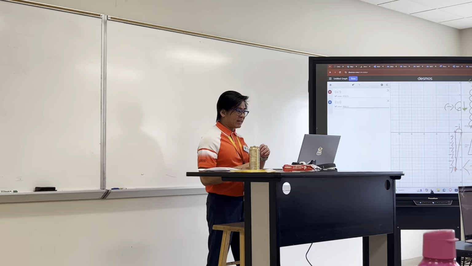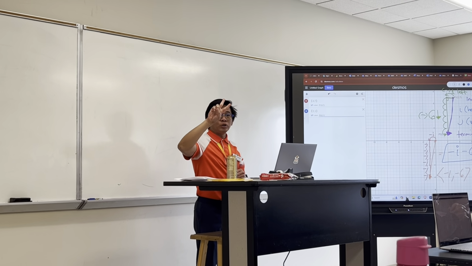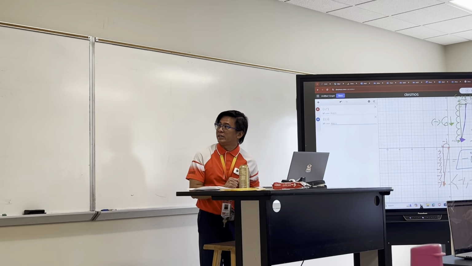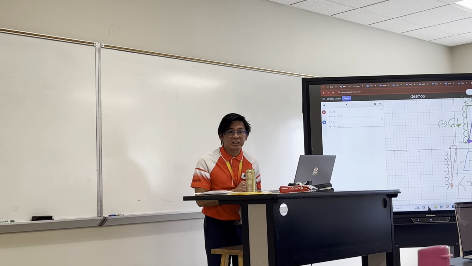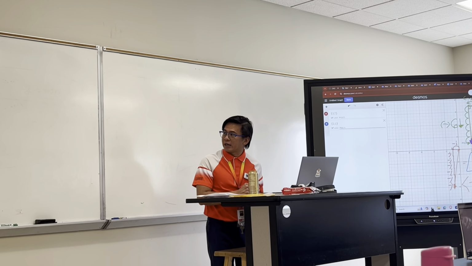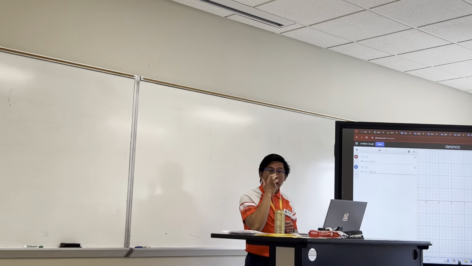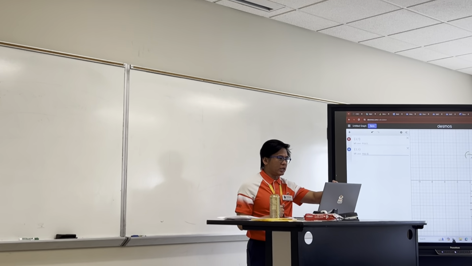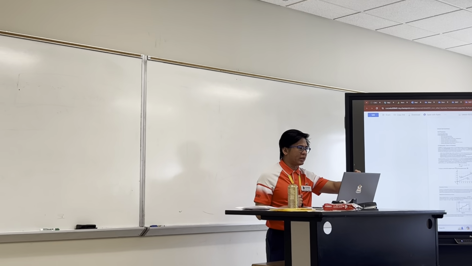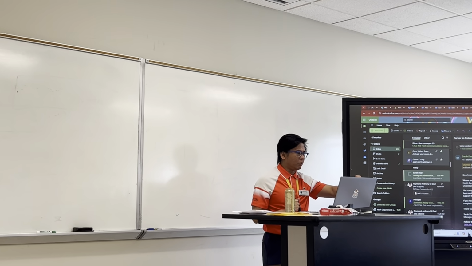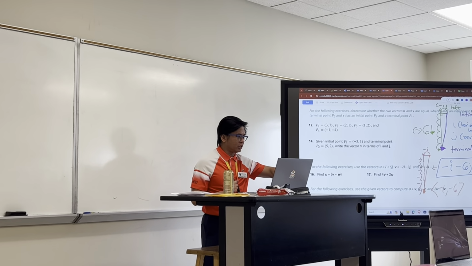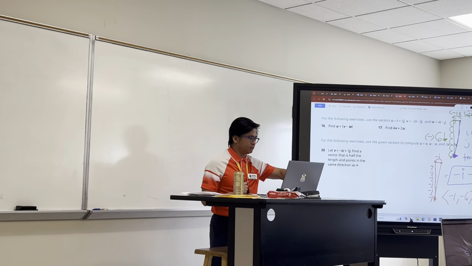Okay, and the next one is, what if we do the reverse? What if we are now given a vector? How do we get the magnitude and direction of such? So let's see how we can do that for this particular problem.